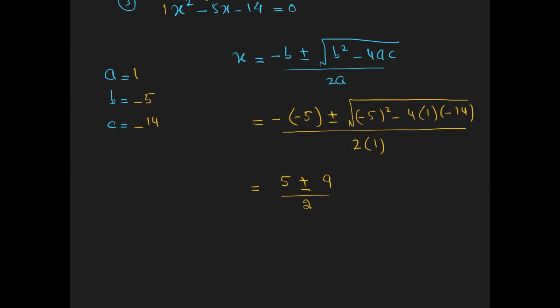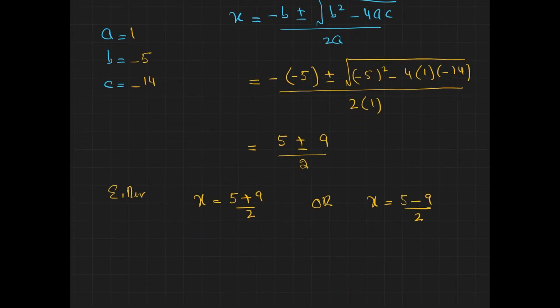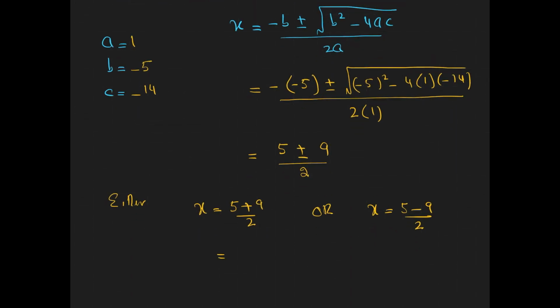And again, either x is equal to 5 plus 9 over 2 or x is equal to 5 minus 9 over 2. This will give you an answer. 5 plus 9 is 14, 14 over 2 is 7, and this will give you the second root. 5 minus 9 is minus 4, minus 4 over 2 is minus 2.